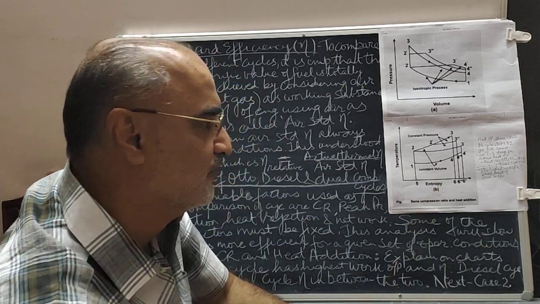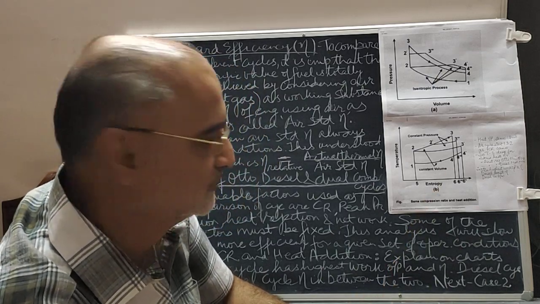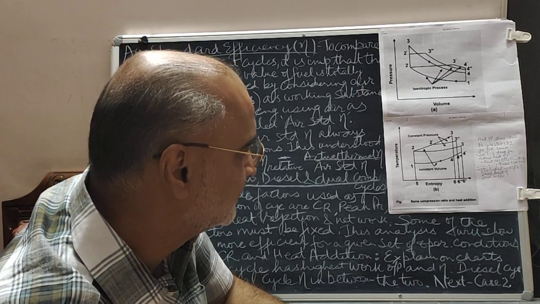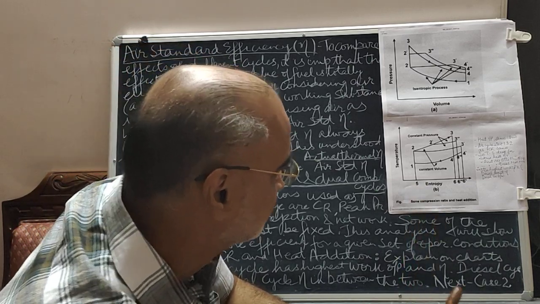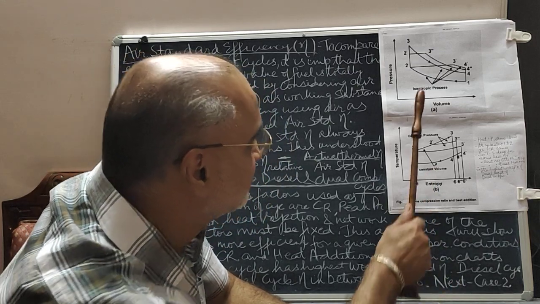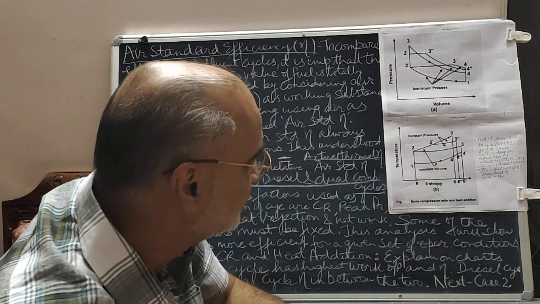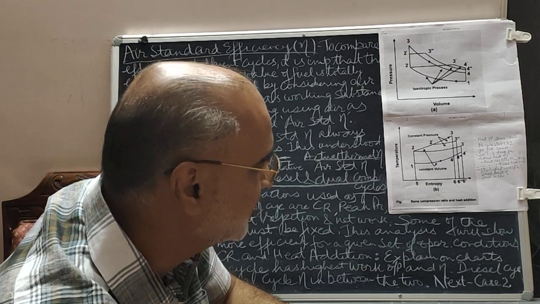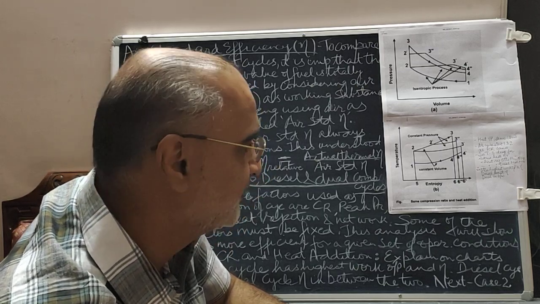So what inference do we draw from this? You see that the Otto cycle heat rejection is the minimum, and considering this, the Otto has the highest work output and efficiency.